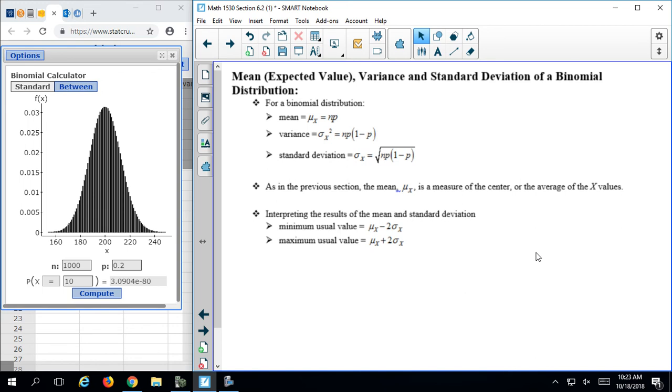So let's say we flip a coin 100 times, and we're going to count how many times we get heads, right? Is that binomial? Yeah, it's binomial. How many heads do you expect to get?